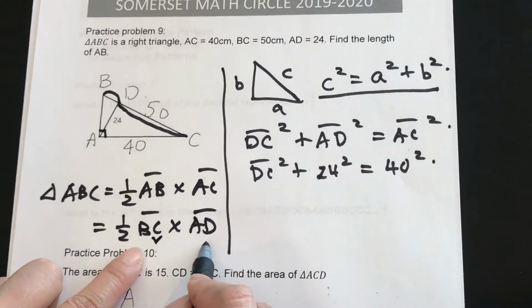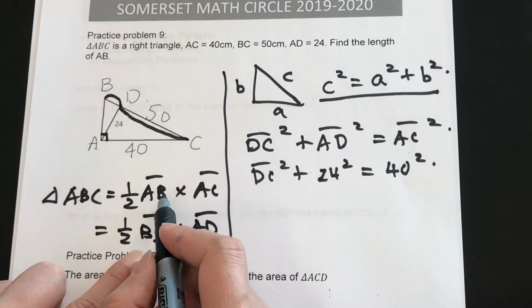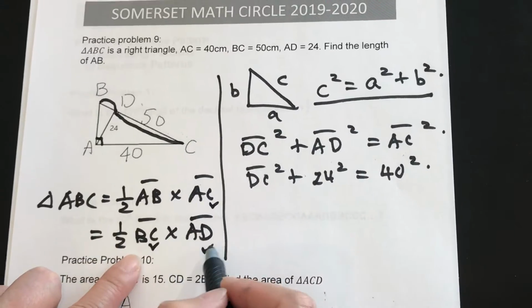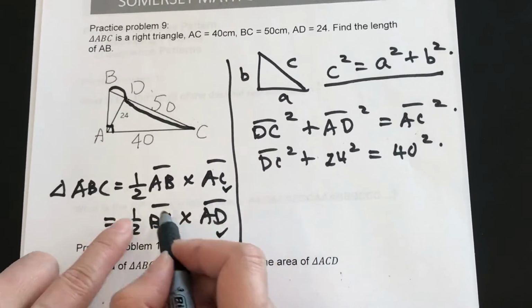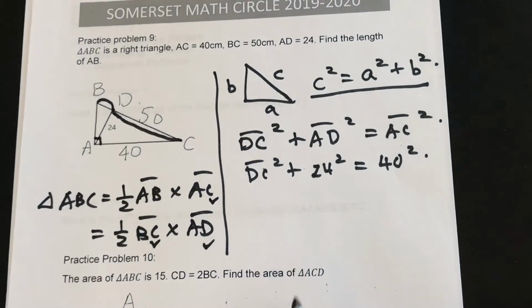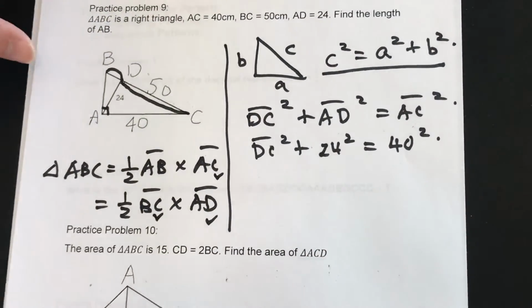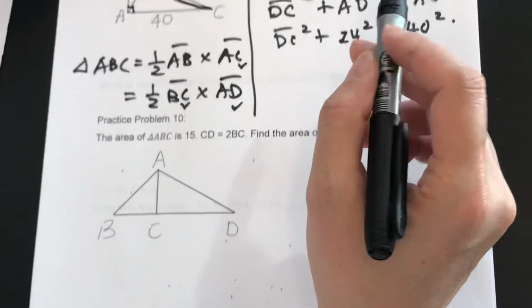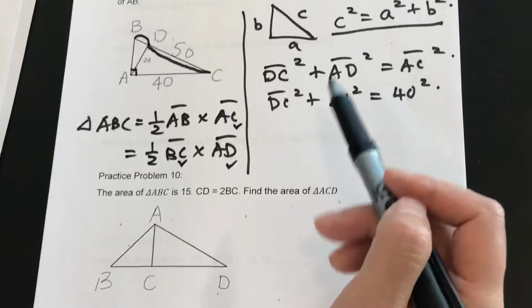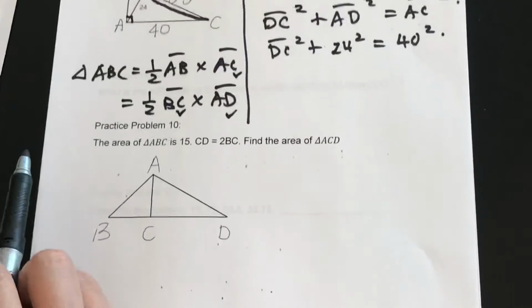We know BC, we know AD. We don't know AB, but we know AC. But these two equal each other. We plug in the numbers, divide by AC and multiply by 2, and we'll get AB. This way is relatively easier, but using the property, for sure you will find the answer, it just takes a little more time.